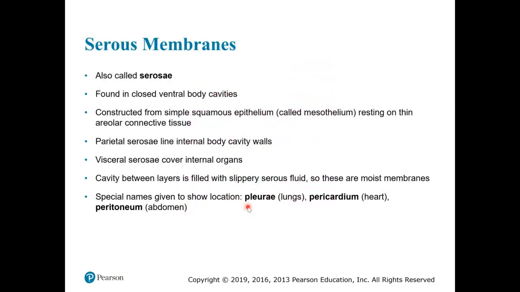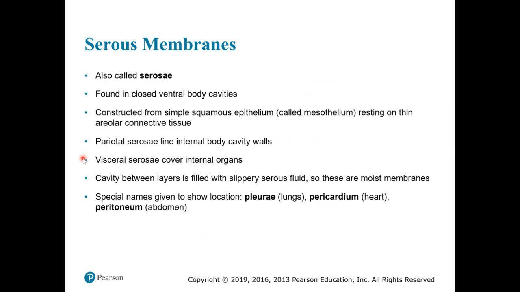Serosal membranes, those are found enclosed in the body cavities. Also simple squamous epithelium. And we've talked a little bit about some of these already. The visceral serosa covers the internal organs.